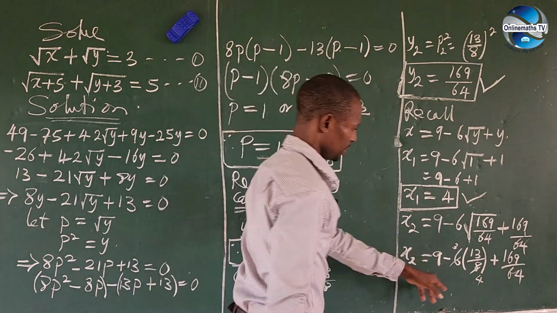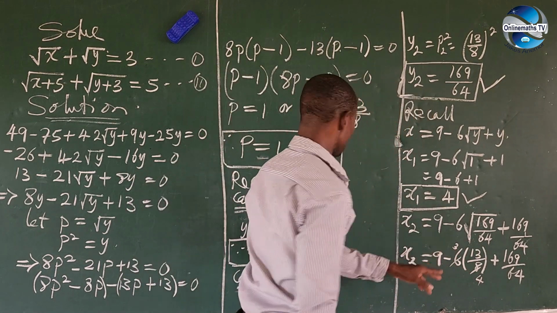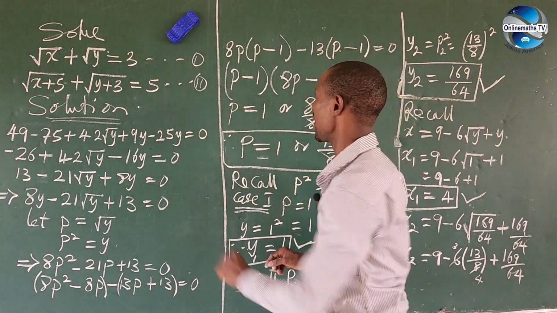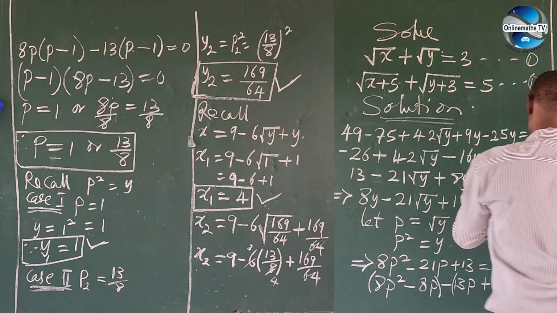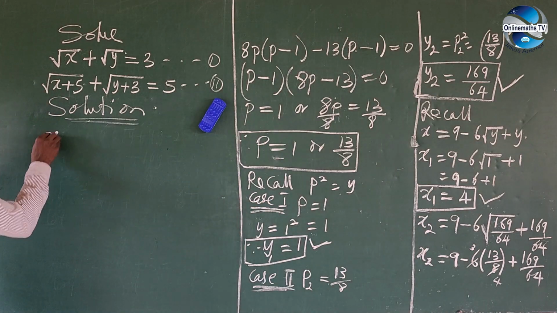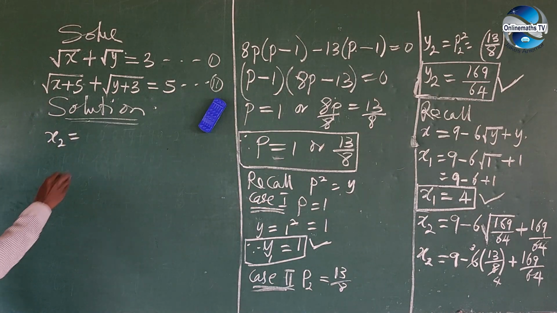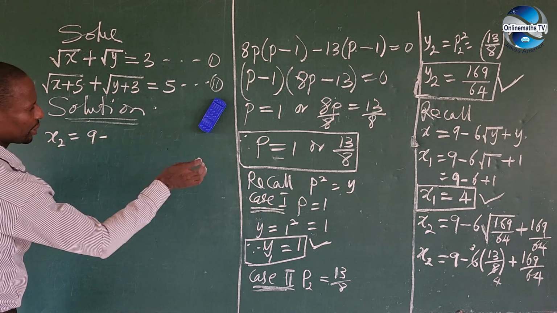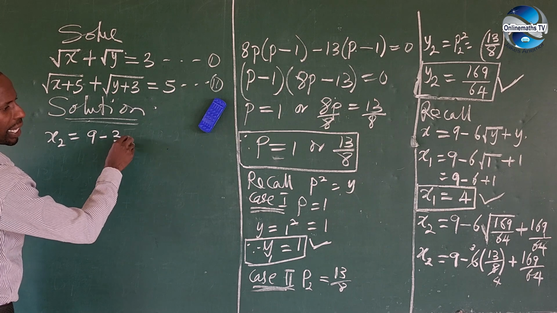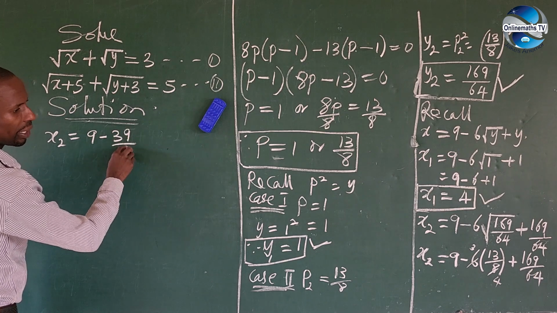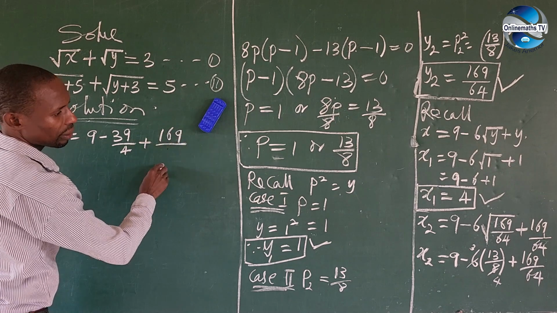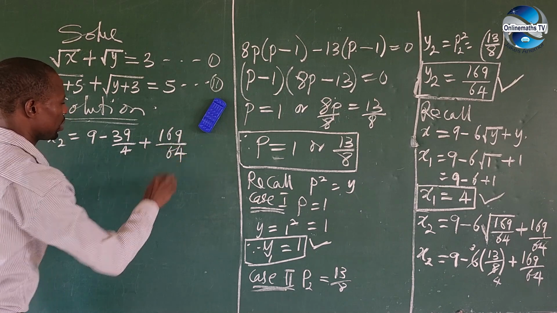Okay, so I use this to multiply this. So let's continue on this side of the board to get our final answer for our x and y. All right, so from there we have our x2 will now give us 9, then minus 3 times 13, which will give us 39 all over 4, plus 169 all over 64.